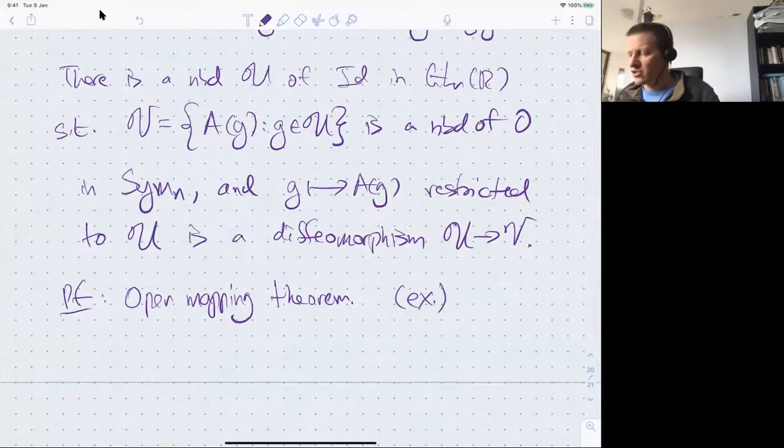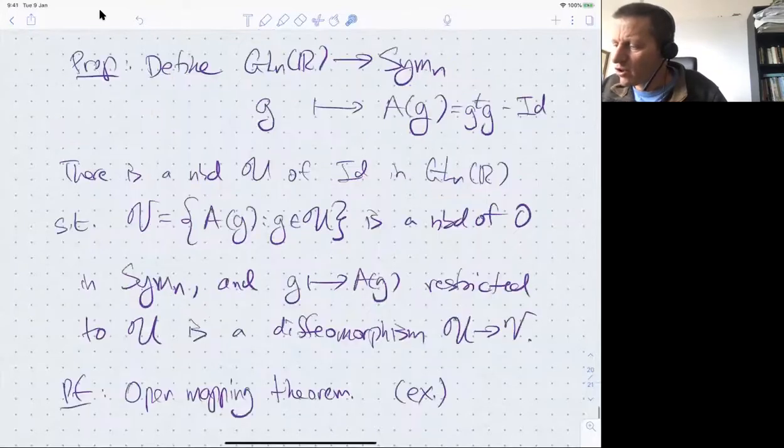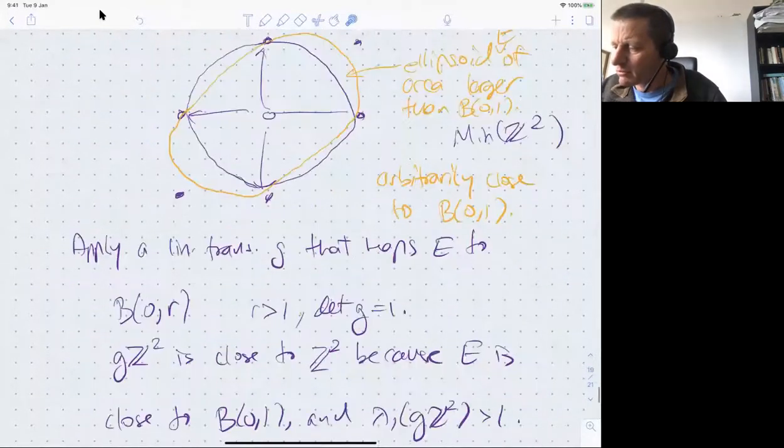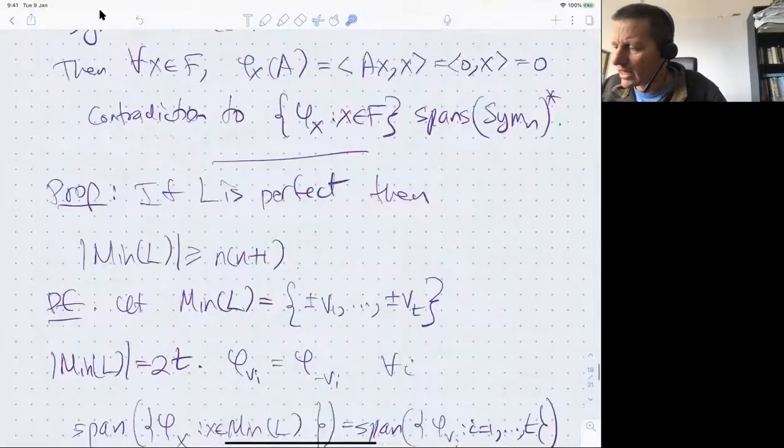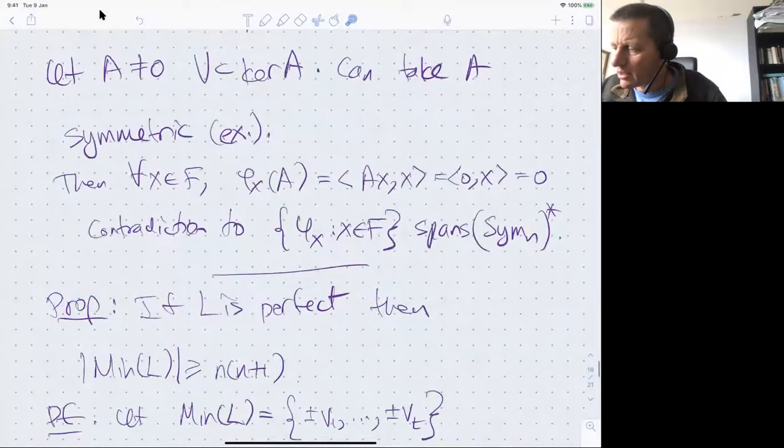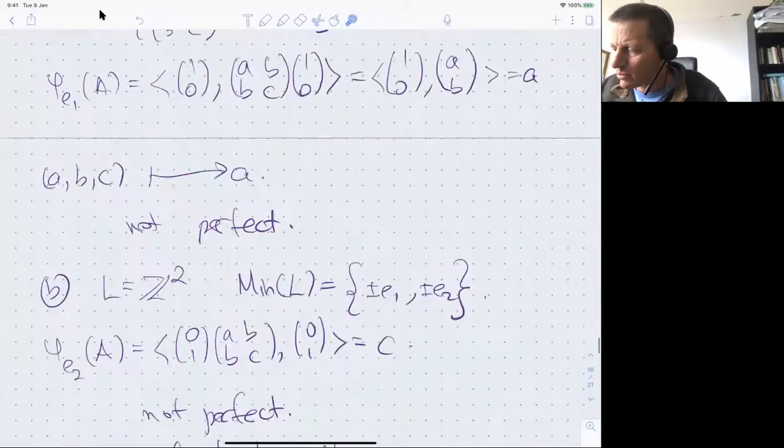It's not on your exercise sheet. We're not going to prove it. If you don't remember what the open mapping theorem says, or you don't want to work with it, just go back to this. Basically, I gave you the map and the inverse.